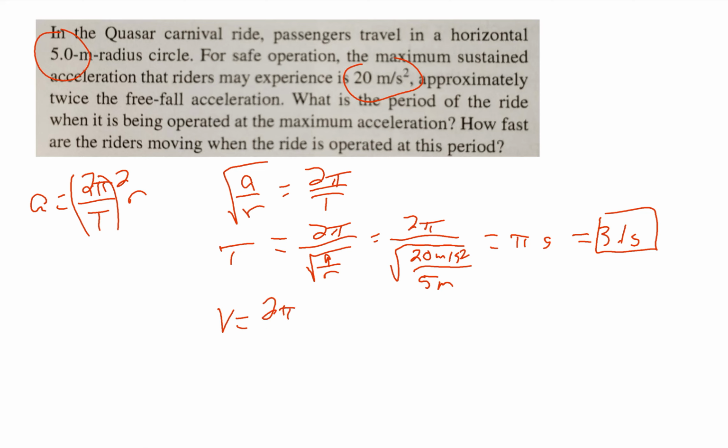So that is 2 pi divided by the period times the radius. Now the period comes out to 3.1 when we use significant figures, but actually we calculated pi. So this is going to be 2 pi over pi times the radius of 5.0 meters. Well, pi divided by pi is gone, so we get exactly 10 meters per second.